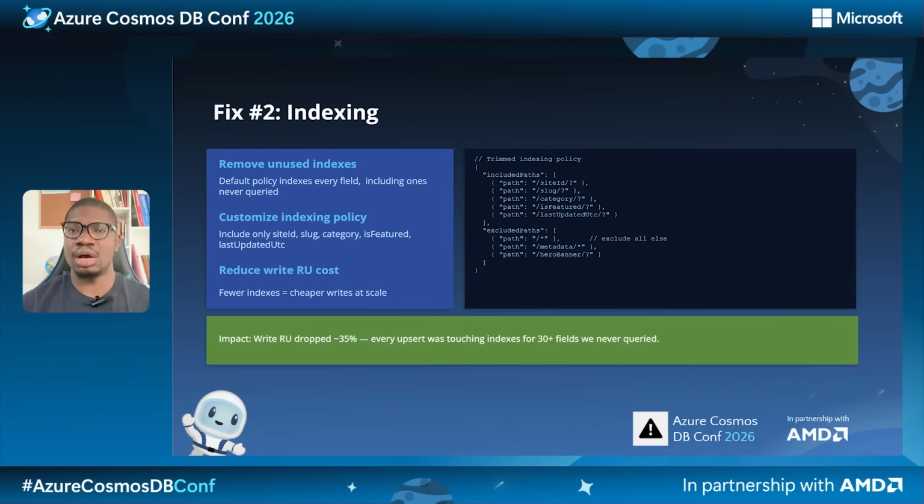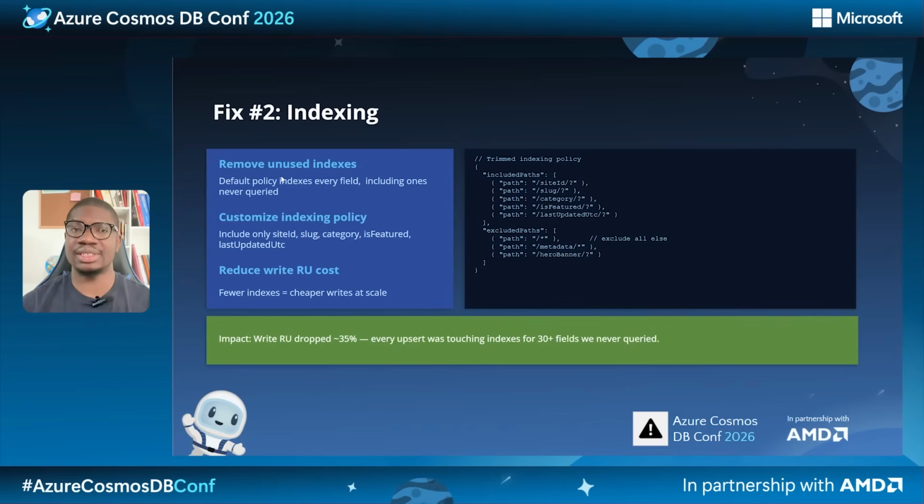This kept about 5 fields at the end of it: the site ID, slug, category, featured, and last updated timestamp. Everything else, including the entire metadata subtree, was excluded. The impact was immediate. We saw write RUs drop by approximately 35%, because every write that was previously touching indexing for over 30 fields that were never queried no longer did. So that was a lot of silent waste.